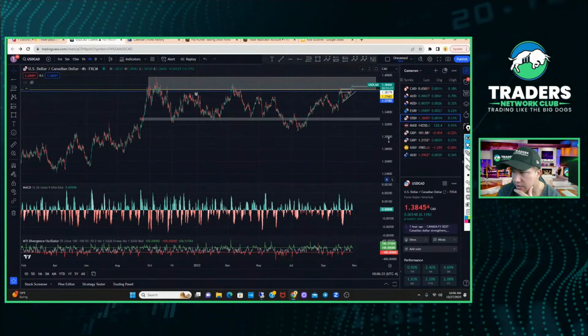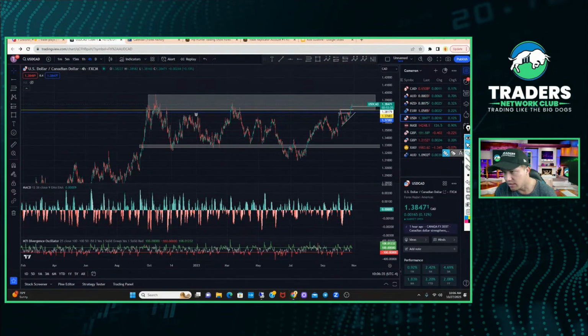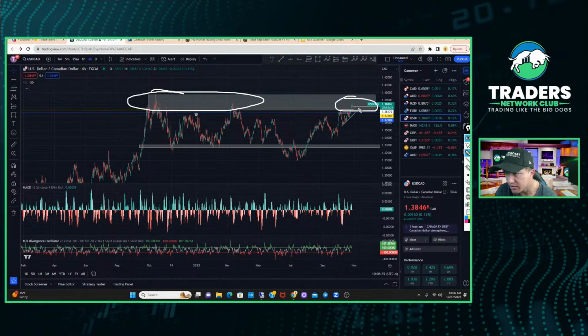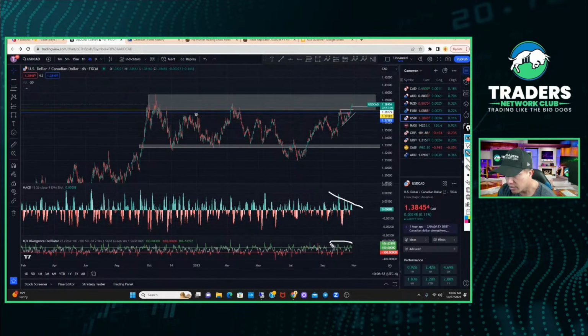Because we're at an area of resistance, right? We can anticipate that price can reject any time, and we can see a nice downside movement. I want to be in that direction as we're seeing the divergence set up here on the 4-hour. Okay, you can see the lower highs forming on the MACD. We're seeing that divergence set up. So I want to be in the sell, the bearish direction here.